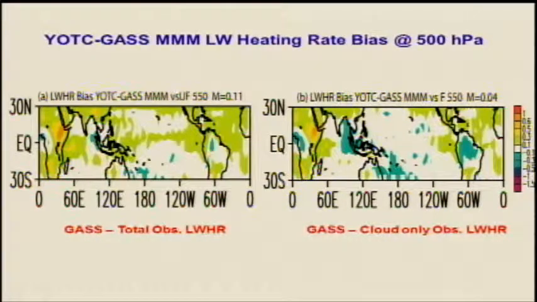So it's good to see that the biases are really small, meaning our global climate models are doing a good job in their longwave cooling computation. It is very close to what the retrieval shows. So this is good. But now we're going to say that our model is doing a good job.